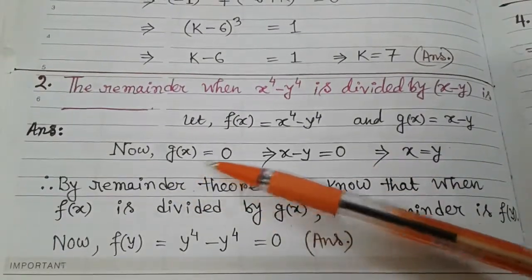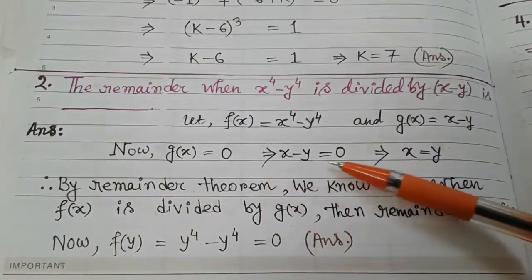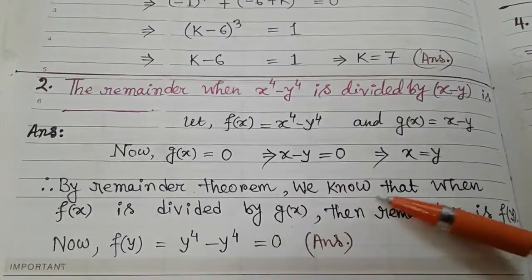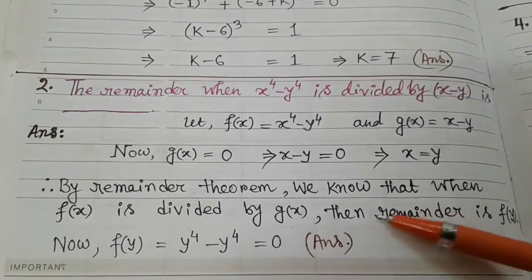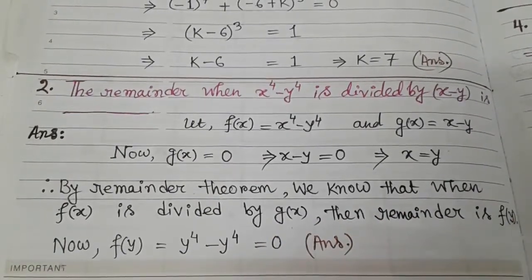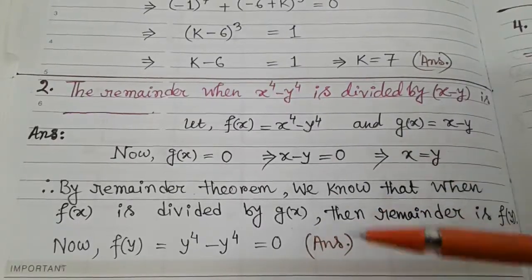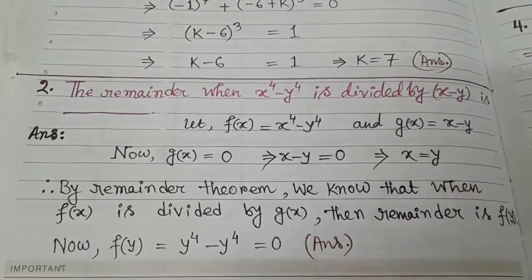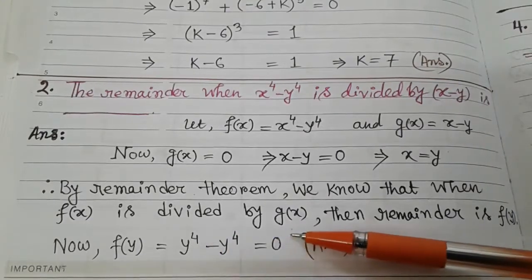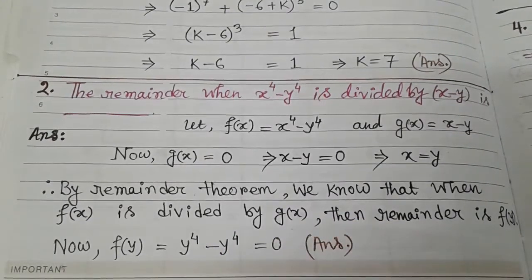Now g of x is equal to 0 implies x minus y is equal to 0 implies x equal to y. By the remainder theorem, we know that when f of x is divided by g of x, the remainder is f of y. Now putting the value of x, we get y to the power 4 minus y to the power 4 is equal to 0.